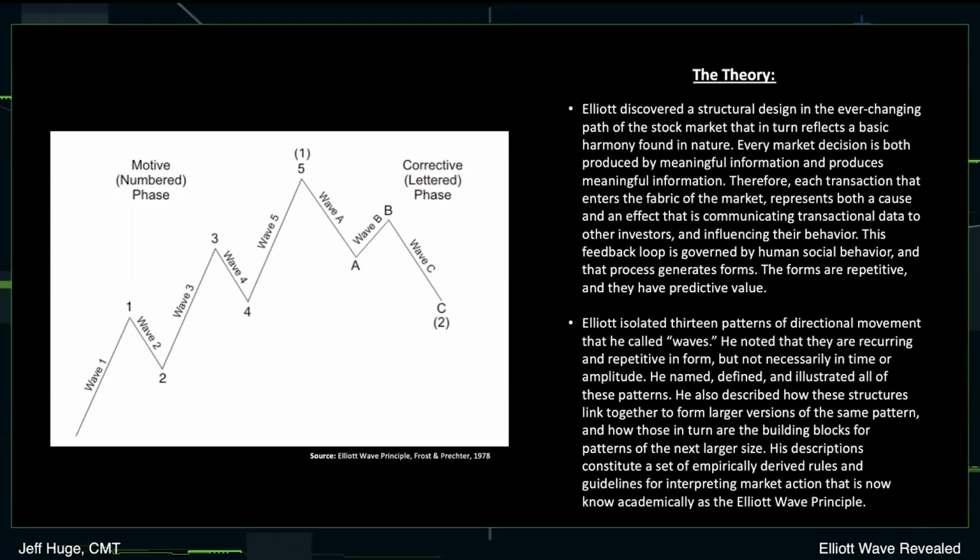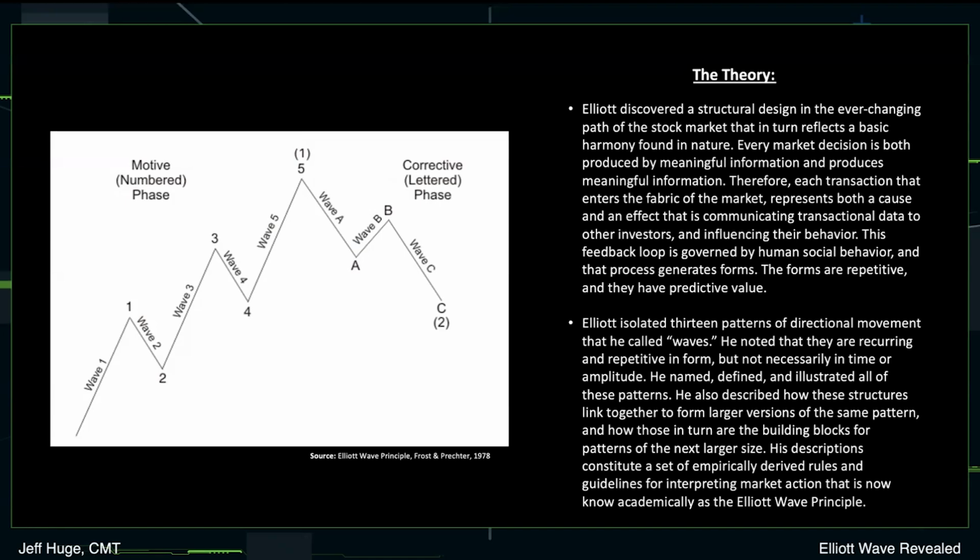And he named and defined and illustrated all of these patterns in his notebook, which he ultimately published as the Wave Principle. He basically described in his publication how these structures link together, how they formed larger versions of themselves, and that the patterns themselves were essentially building blocks for patterns of the next larger size.